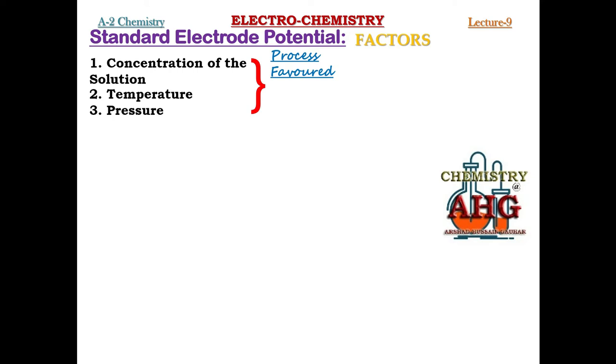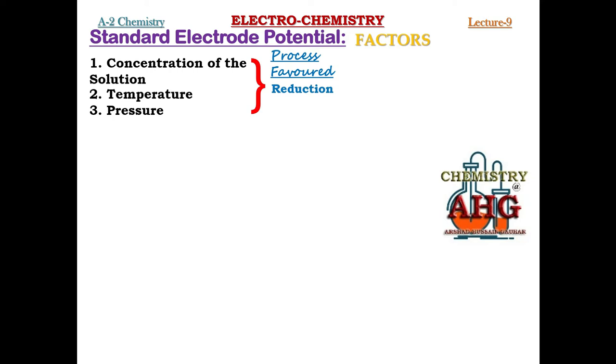Whenever by changing any one of these three conditions reduction is favored, what you must remember? Reduction always takes place at cathode. It means whenever reduction is favored, that half cell would become cathode, and whenever an electrode becomes cathode, what does this mean?